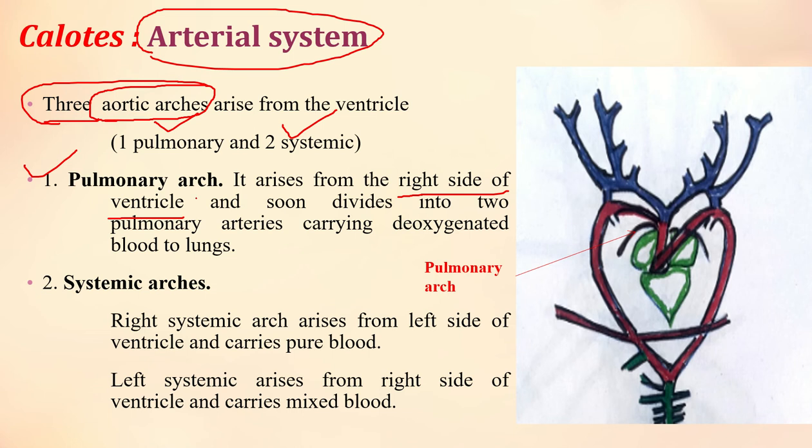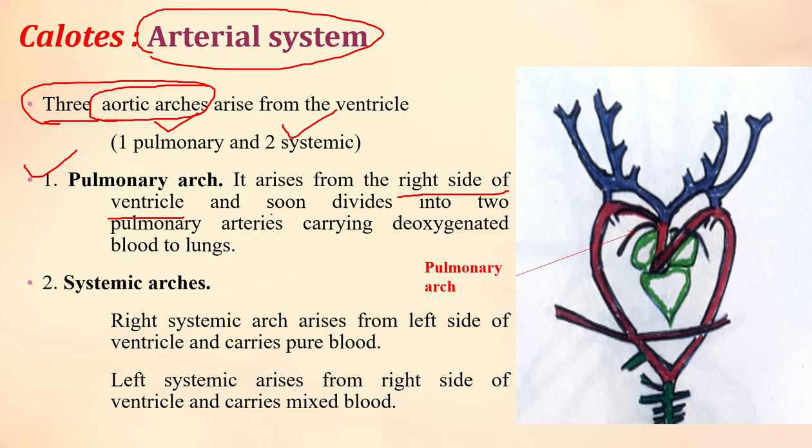This pulmonary arch supplies the impure or deoxygenated blood to the lungs, and that deoxygenated blood is then purified in the lungs. So with the help of the pulmonary aorta or pulmonary arch, the impure blood drains towards the lungs for purification.